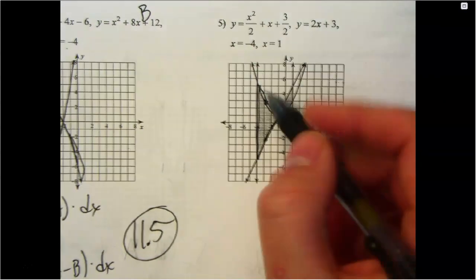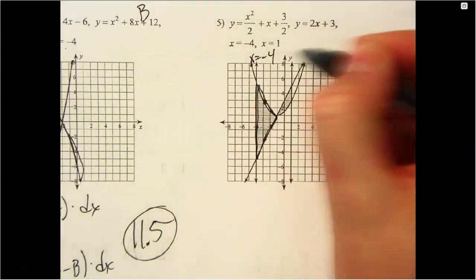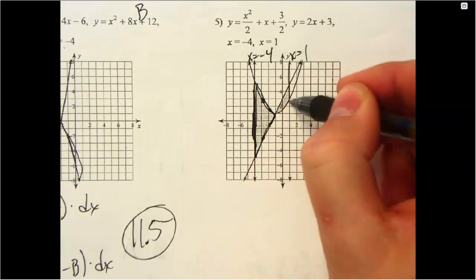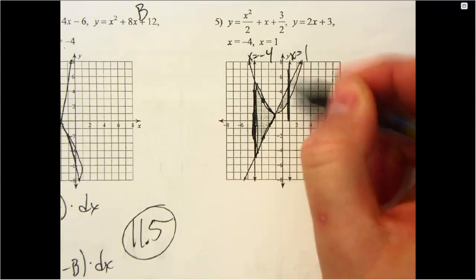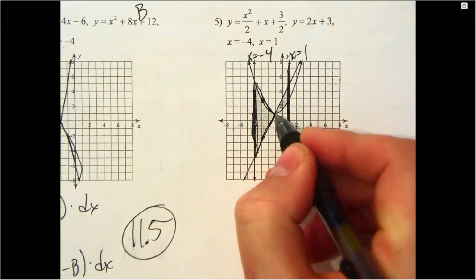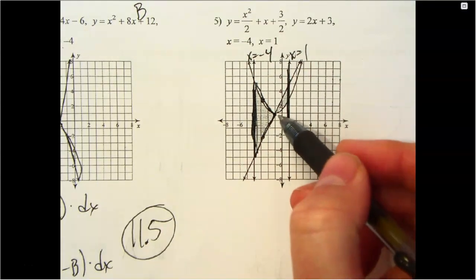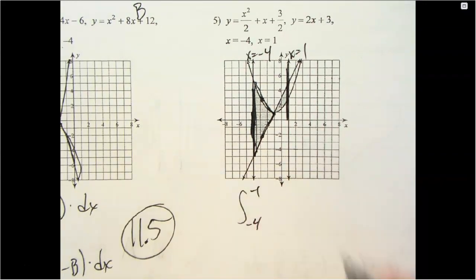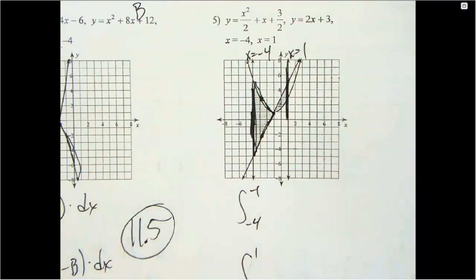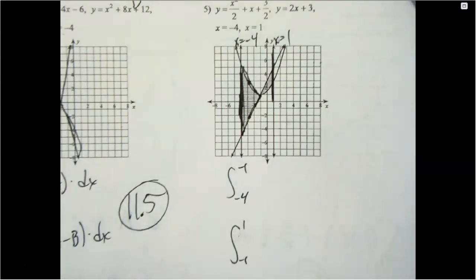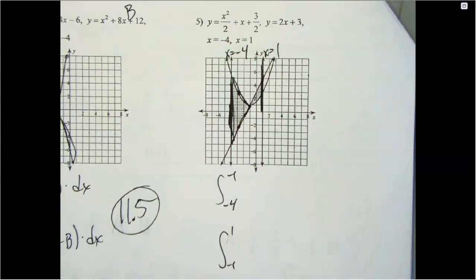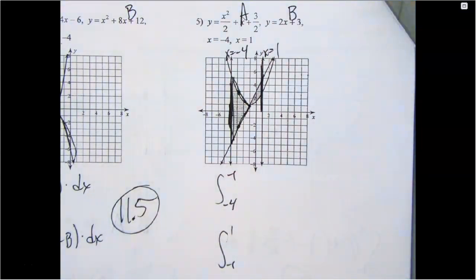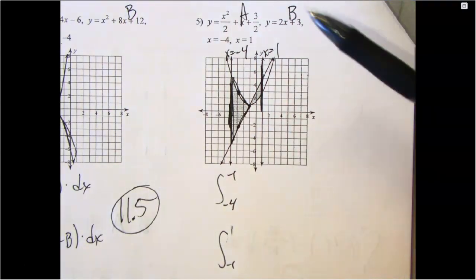Okay, 5. I've got -4. I've got 1, so that's this guy and this guy. But there's an intersection point at -1. So from -4 to -1, I'm gonna have something, and from -1 to 1, I'm gonna have something. We call that A and that B. Again, you can use your knowledge of graphs to figure out which one's on top.